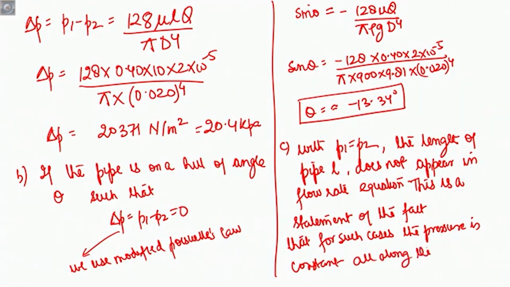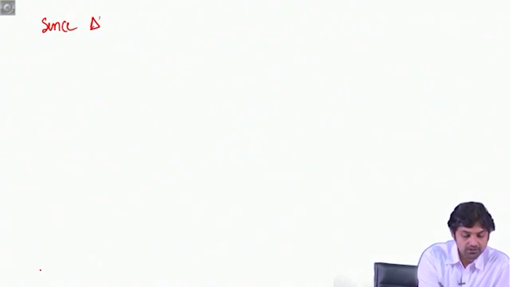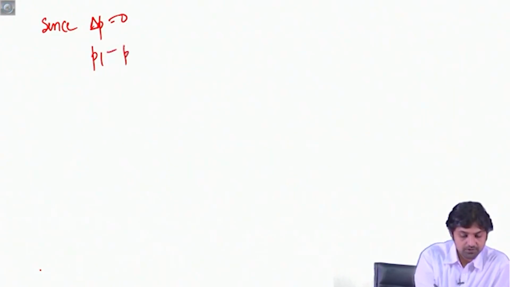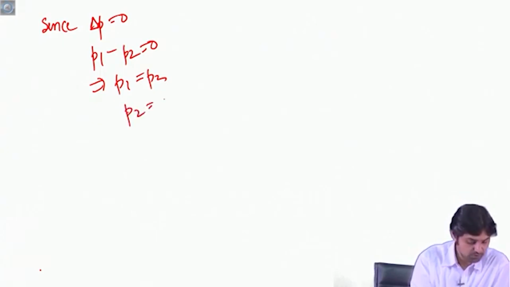all along the, see, for part B we said there was no pressure drop, right? That is correct. So that means the pressure is constant all along the pipe. All right. Since delta P is equal to 0, P1 minus P2 is equal to 0, so P1 is equal to P2 and P2 is equal to how much?